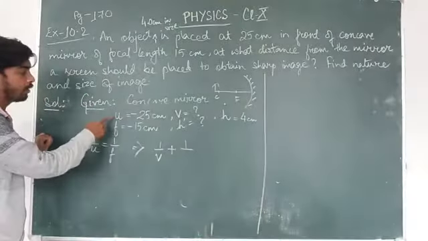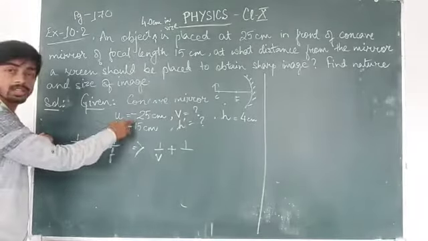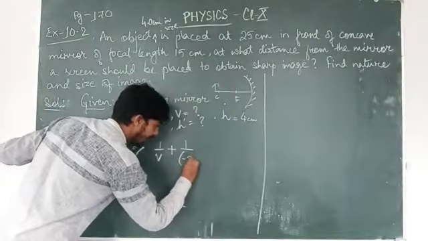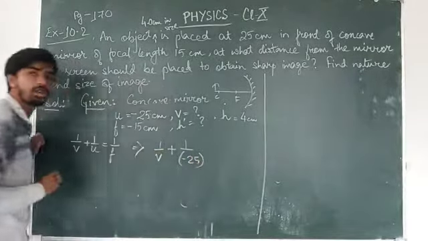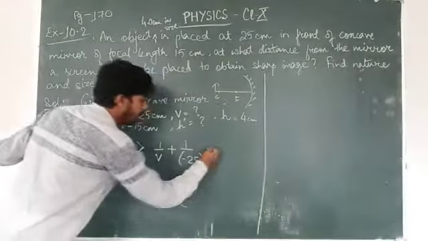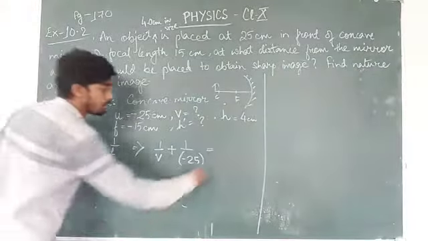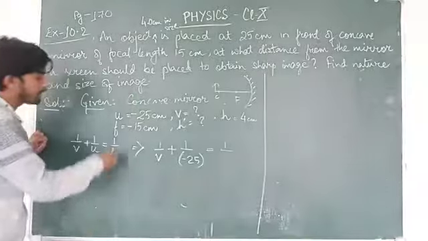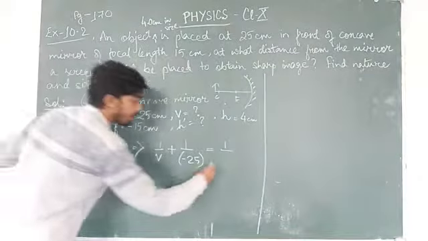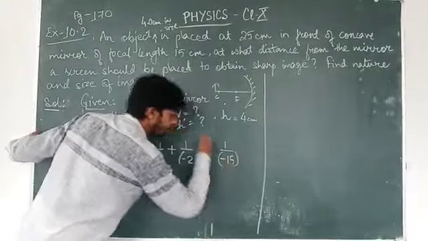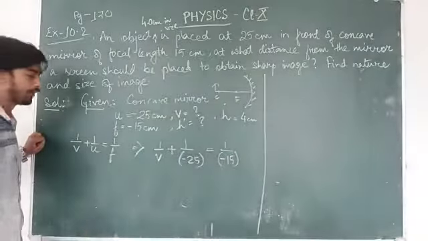I will put the value of u from here, which is minus 25, within brackets, equal to 1/f. So 1/f, we have the focal length minus 15 cm. Again I am making this one in brackets, minus 15.